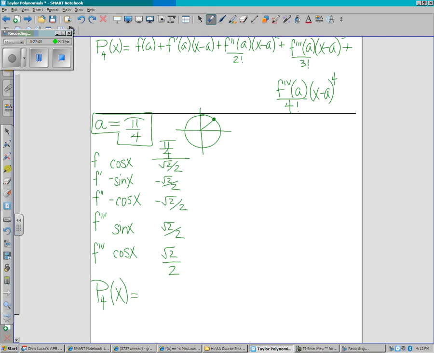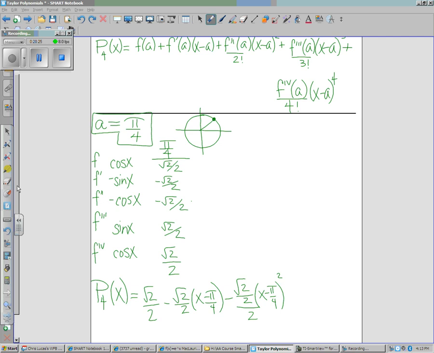f of a, the function at a, is root 2 over 2, plus the derivative at a, which is minus root 2 over 2, times x minus pi over 4. Plus the second derivative over 2 factorial. The second derivative is negative root 2 over 2, so negative root 2 over 2 over 2 factorial times x minus pi over 4 squared.